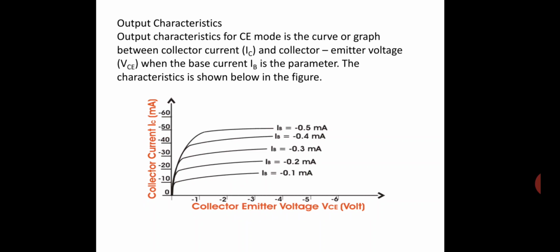At first, input current IB is minus 0.1 milliampere, and at this point as output voltage VCE is increased, then output current IC increases and saturates after that.